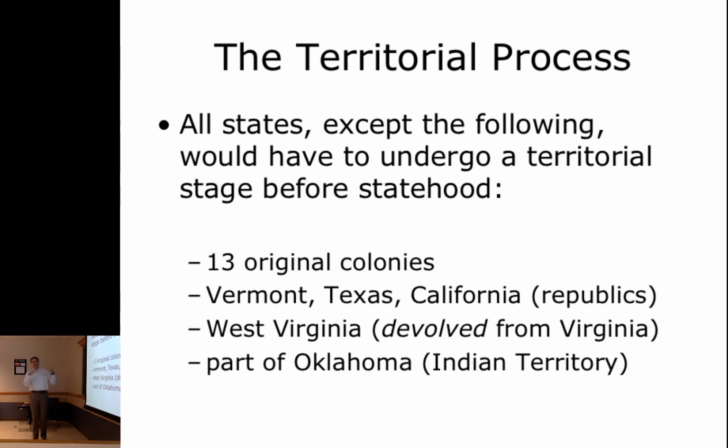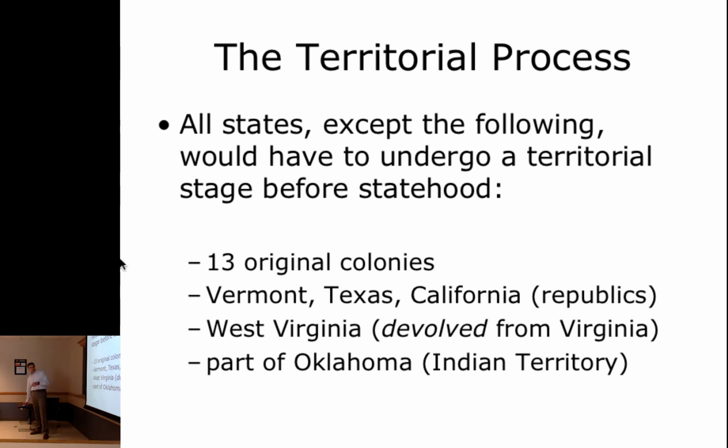And the answer was you create new states. And most of this was very experimental, very theoretical. And the early prototype area to hammer out this process was the present-day state of Ohio. And for the most part, the states that became states in what was called the Northwest Territory, the territory northwest of the Ohio River.